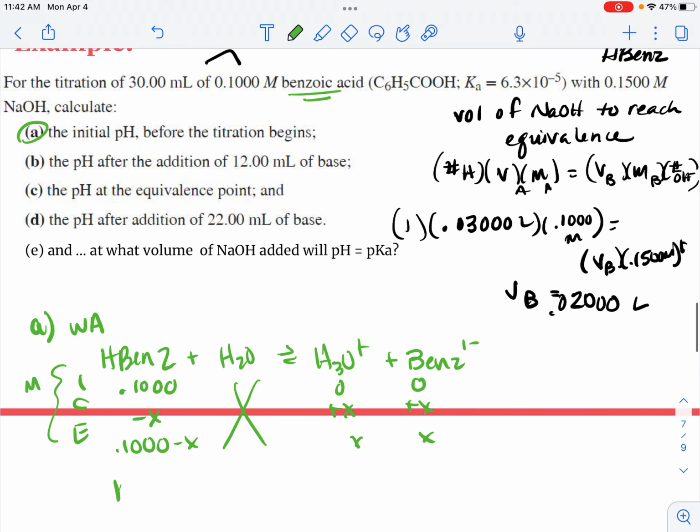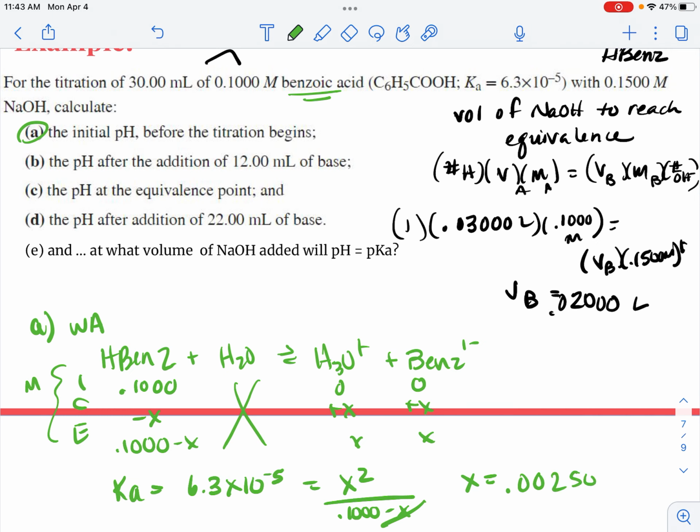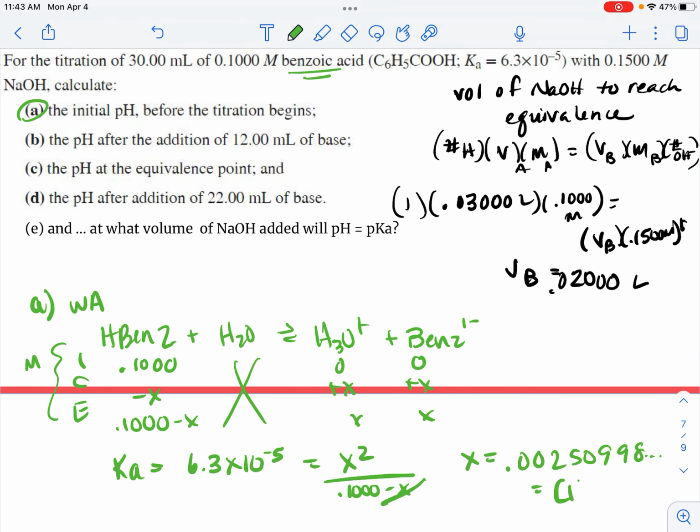And I'm going to set this equal to Ka, which is 6.3 times 10 to the negative fifth, equals x squared over 0.1 minus x. Get rid of the x. When I solve for x, I get x equals 0.0025098, a bunch of numbers. And that, I have to remember, is the hydronium.